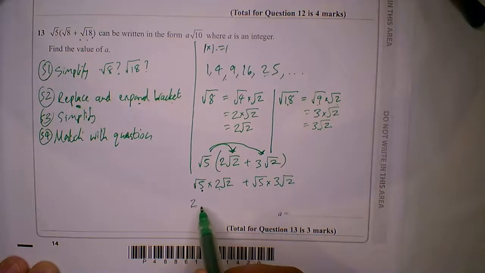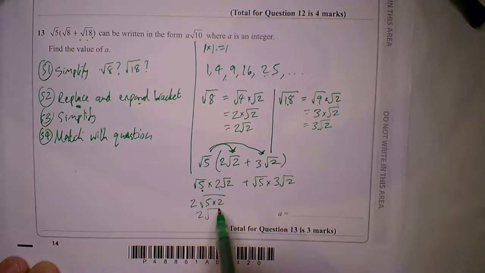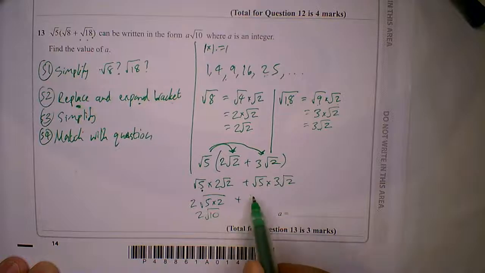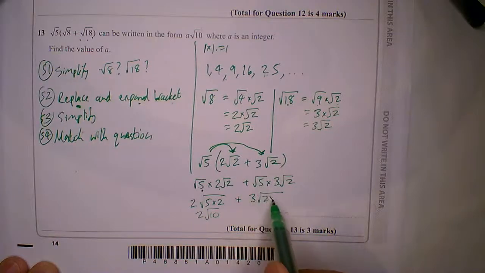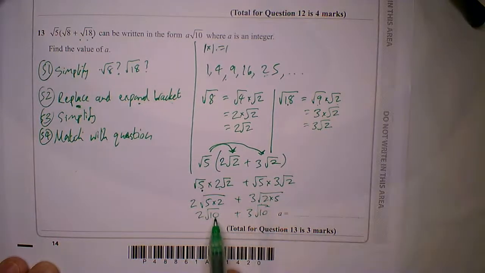I've got 2 root 5 times root 2. 5 times 2 is 10. Similar here, 3 root 5 times root 2, I can put them together. 2 times 5 is 10. So can you see I've got root 10 and root 10? They're the same, so I can add them together.